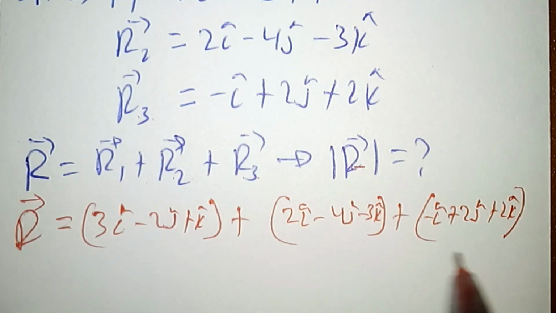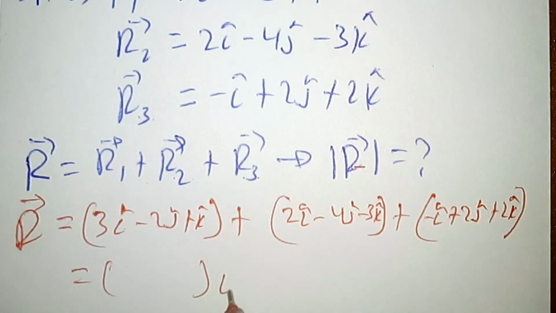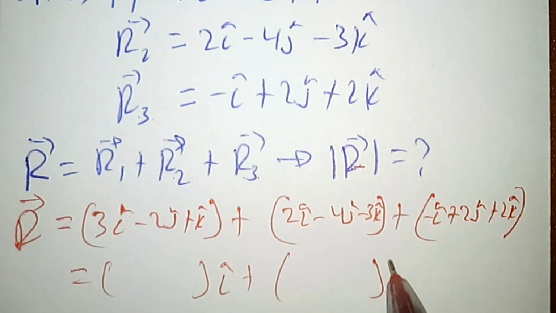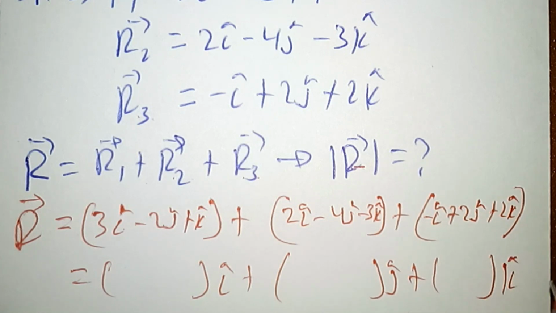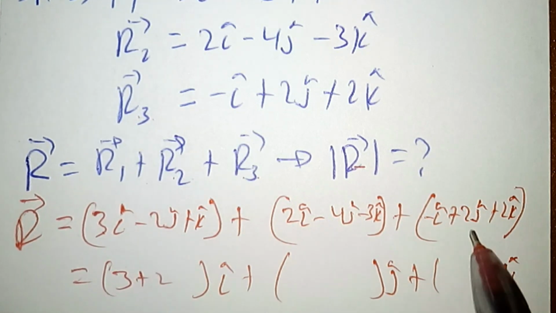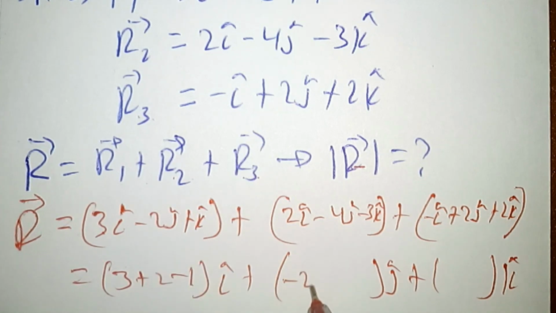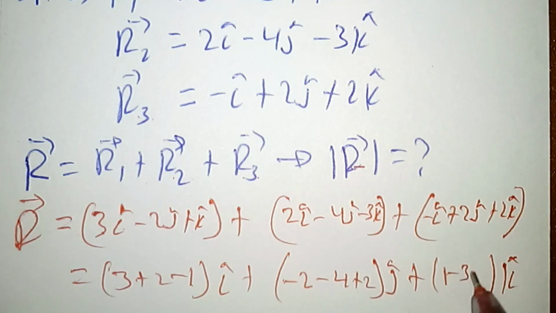So then we can collect the like terms together, that is the i component, the j component, and the k component of these three vectors. The i components are 3 plus 2 minus 1, the j components are minus 2, minus 4, and plus 2, and the k terms are 1, minus 3, plus 2.